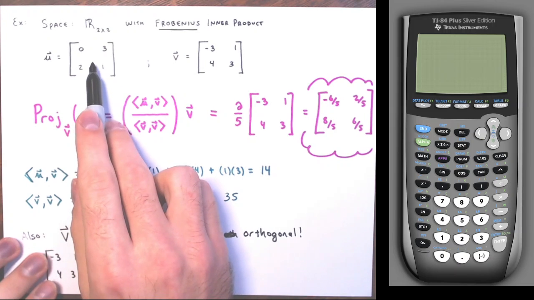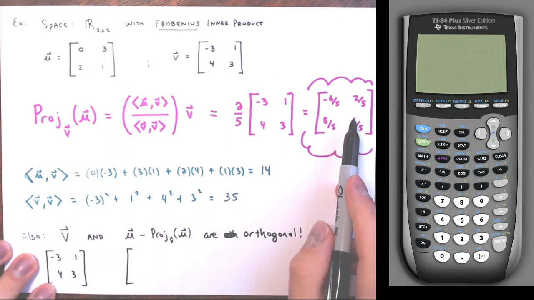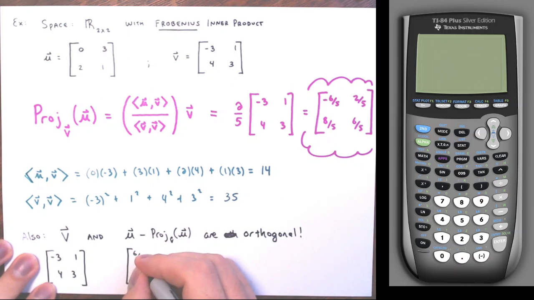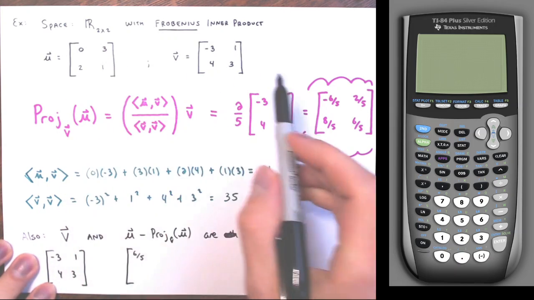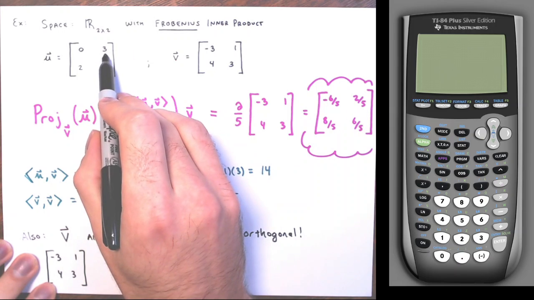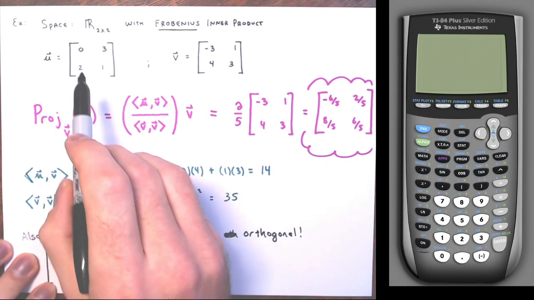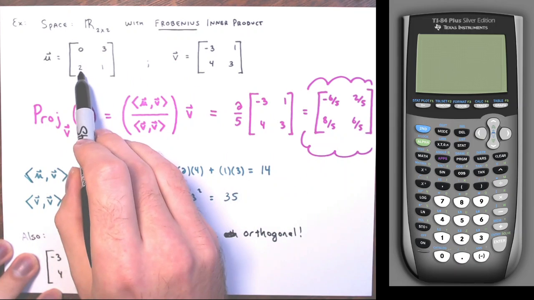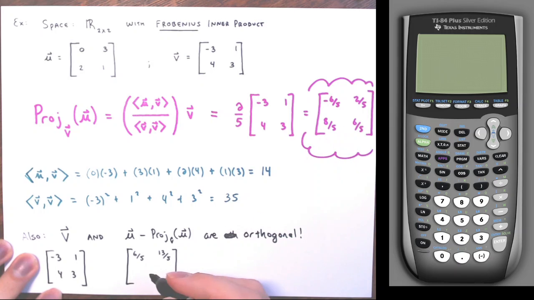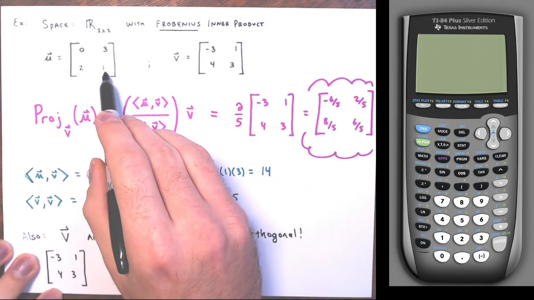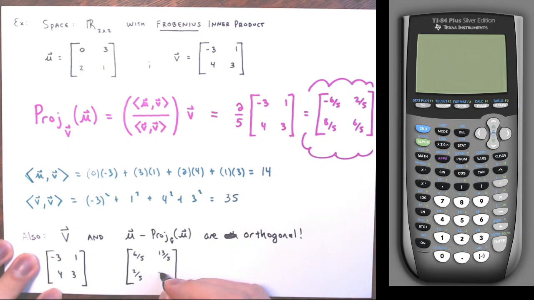So I take matrix U, the 2 by 2, minus this matrix. 0 minus negative 6/5 would be positive 6/5. 3 minus 2/5, that's 15/5 minus 2/5 would be 13/5. And then 2 minus 8/5, that's 10/5 minus 8/5 would be 2/5. And then 1 minus 6/5, that's 5/5 minus 6/5, that's negative 1/5.